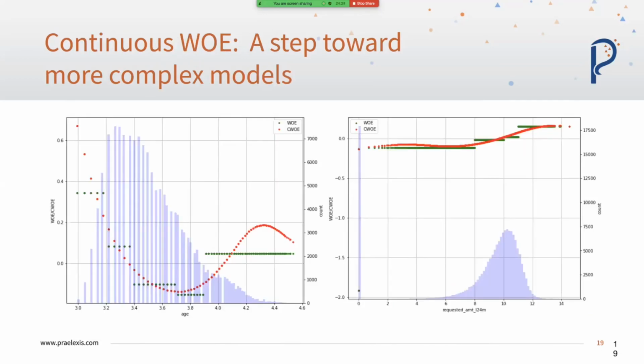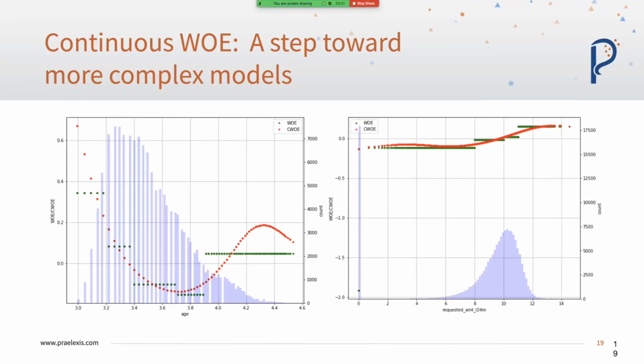At Praelexis, we try to continuously improve the credit modeling process. One such example is continuous weights of evidence transformations. As mentioned earlier, there is a complicated, non-linear relationship between the bins and weights of evidence. The optimal relationship is determined manually and is therefore suboptimal.